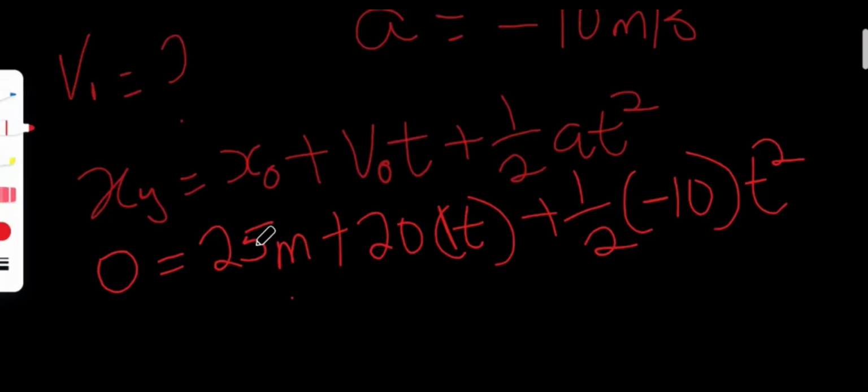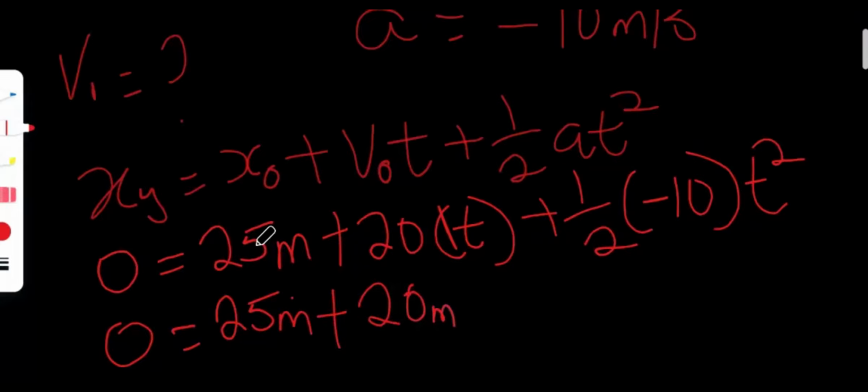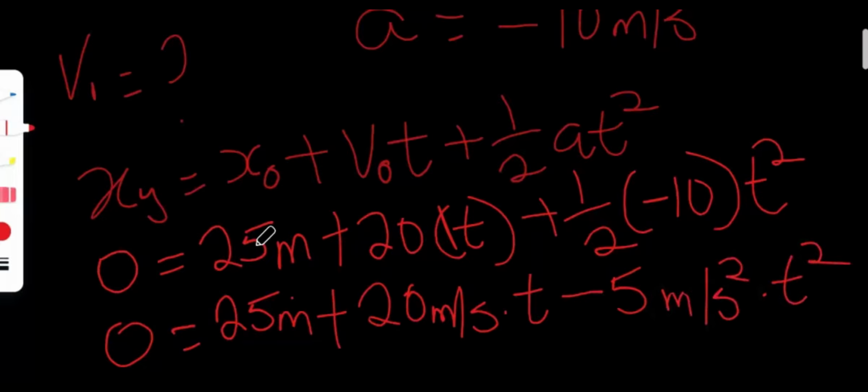So we have 0 equals 25 meters plus 20 meters per second times time plus, by the time we multiply this together, we get negative, so it will be -5 meters per second squared times t squared.